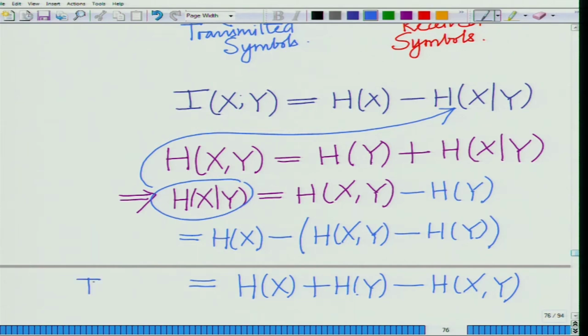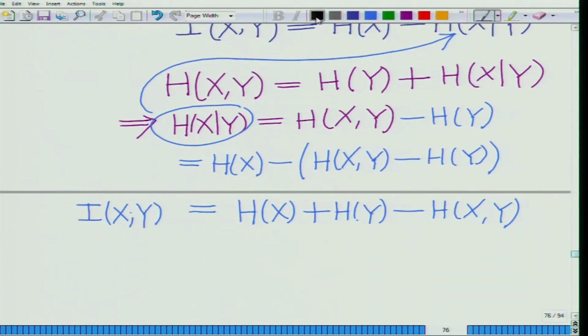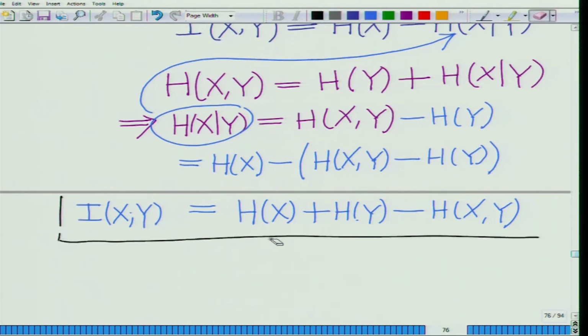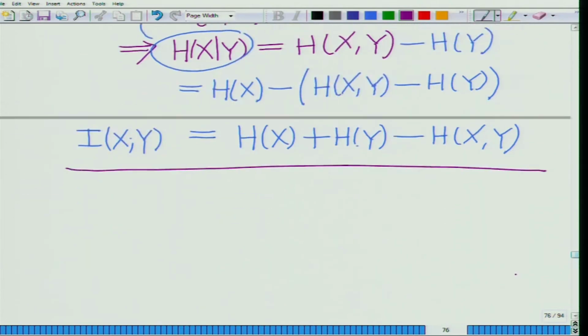So therefore this is the equivalent definition for the mutual information. All right. So I(x;y) is H(x) plus H(y) minus H(x,y). Okay, so these are all equivalent definitions.